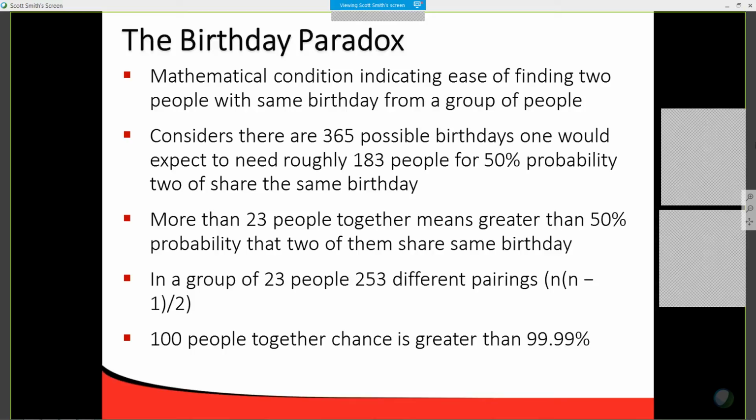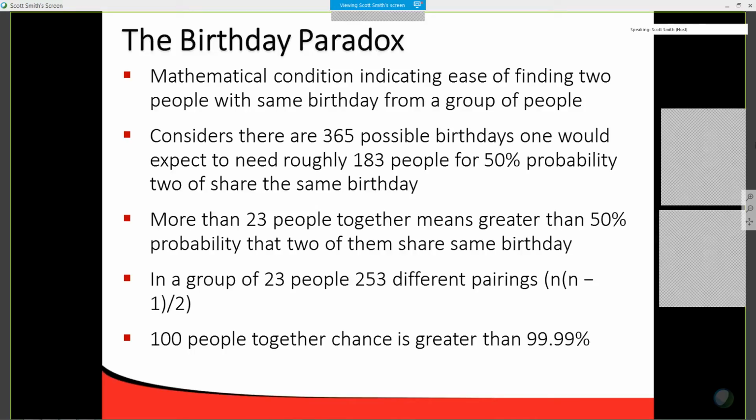That's the assumption, because that's about half the year. But actually, if you have 23 people or more in the same room, that gives you greater than a 50% probability that two of them share the same birthday.